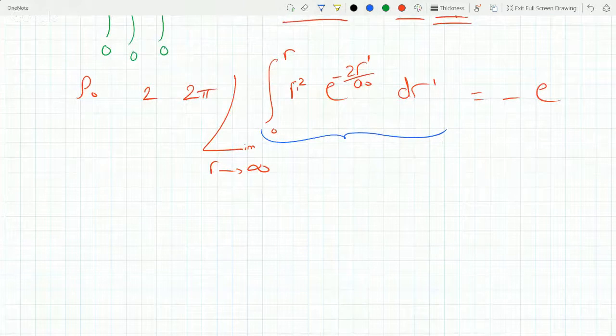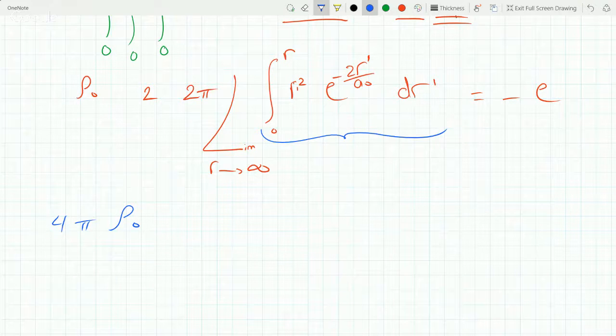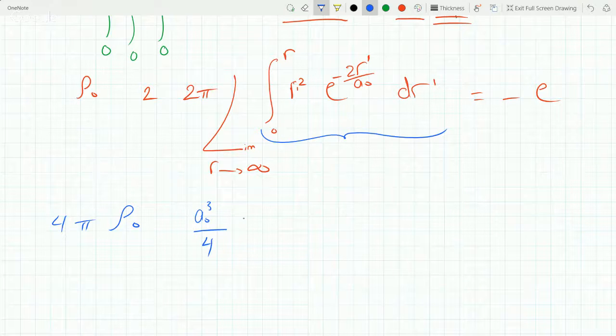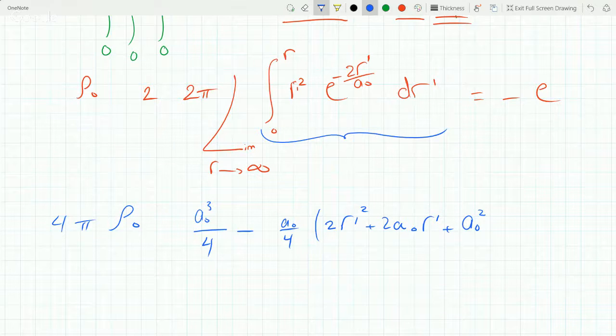So if we do this on the calculator, we're going to get minus 4 pi rho 0 times the antiderivative: a0 cubed over 4 minus a0 over 4 times (2r prime squared plus 2 a0 r prime plus a0 squared) times e to the minus 2r prime over a0.